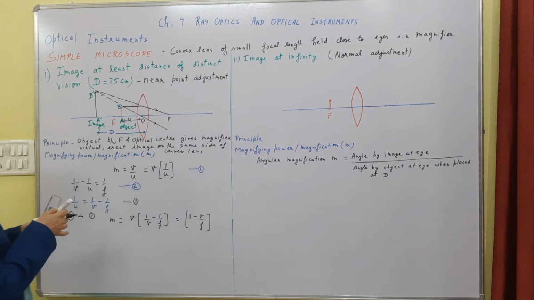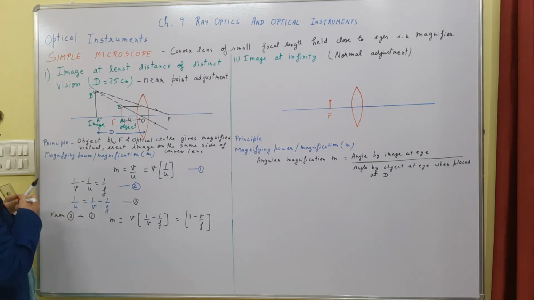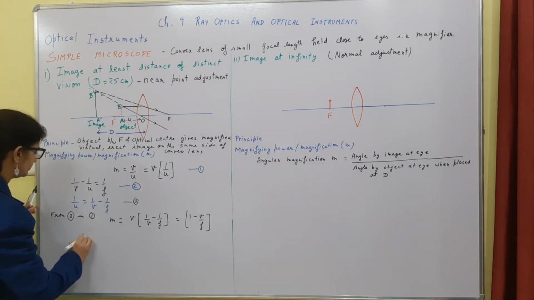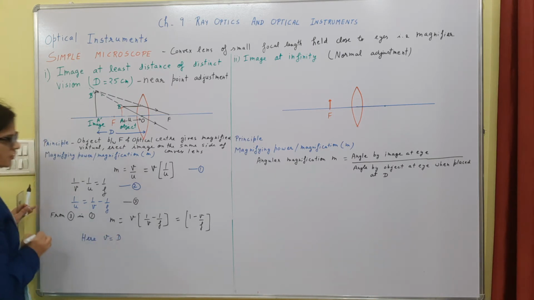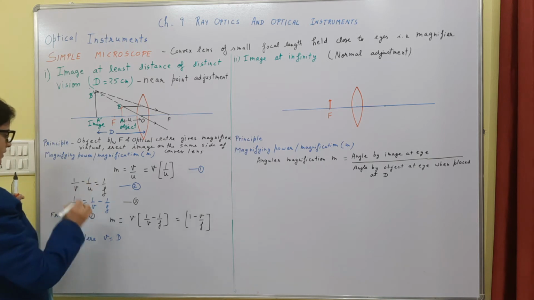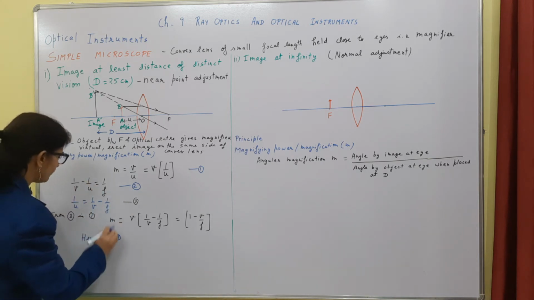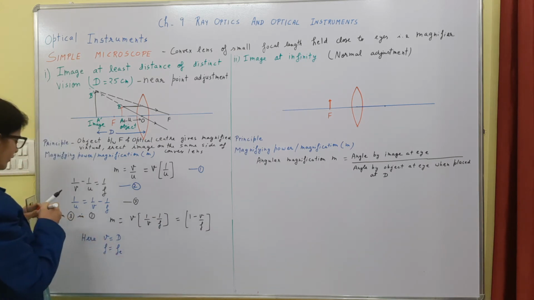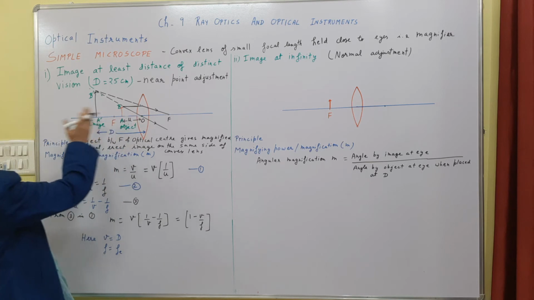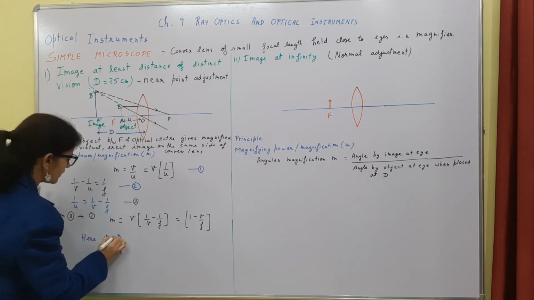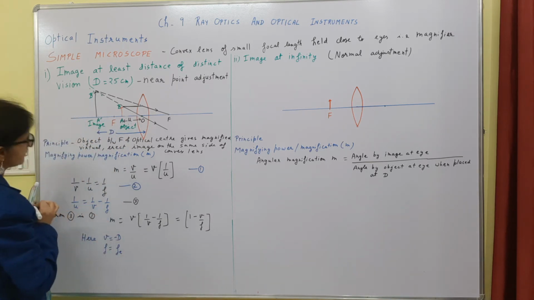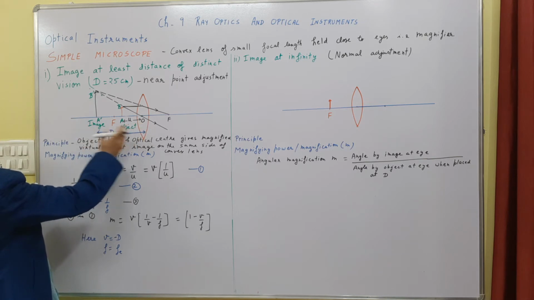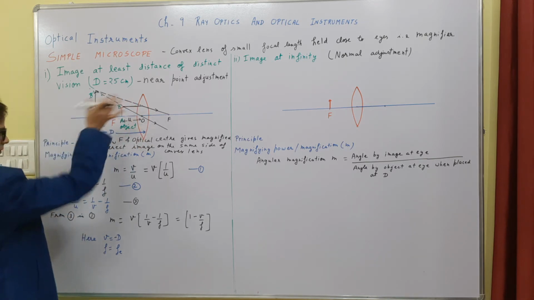And here what is the image distance? D. And what is the focal length? Focal length is actually the focal length of the eyepiece, which is convex, but the image is formed on the same side, so this is minus, because the distance will be measured from the optical center, and the incident ray will be this way.